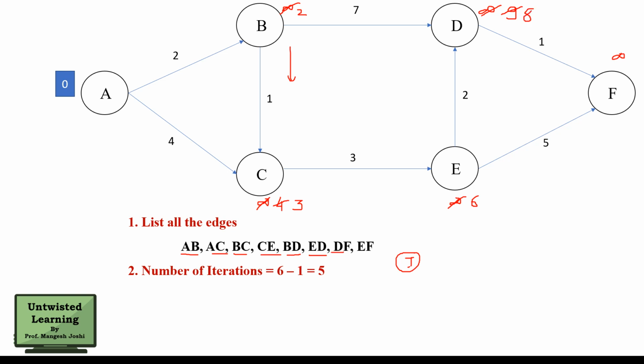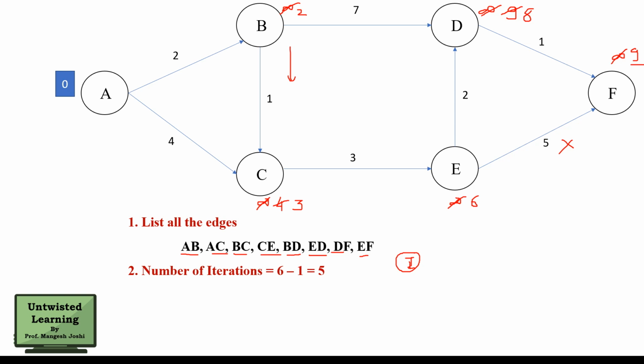Then DF: 8 plus 1, yes, it is less than infinity, so it is 9. EF: 6 plus 5 is 11, which is greater than 9, and hence we will not update the solution. So the final path cost is 9. This was iteration 1, and you have obtained this answer in only one iteration.